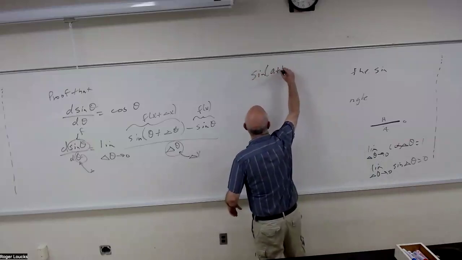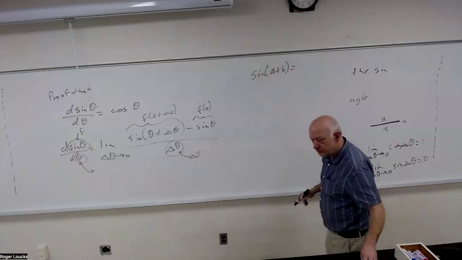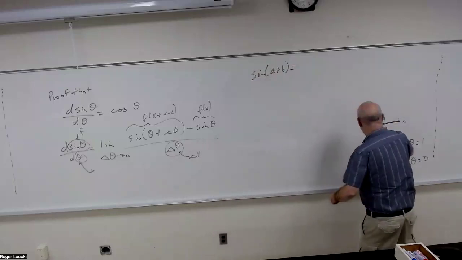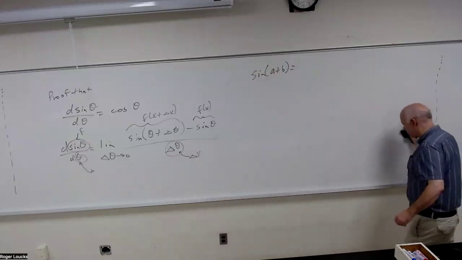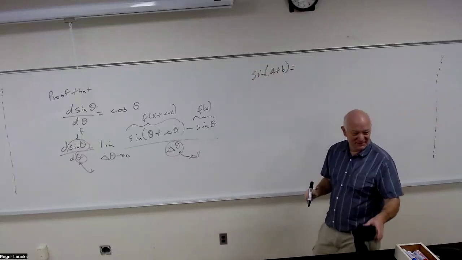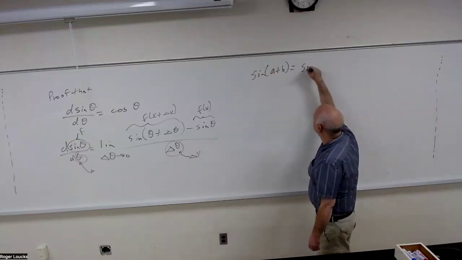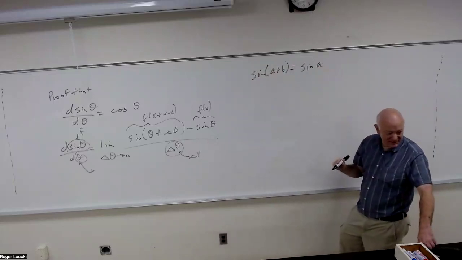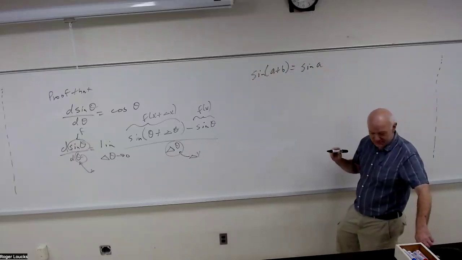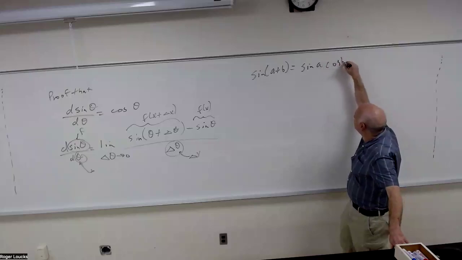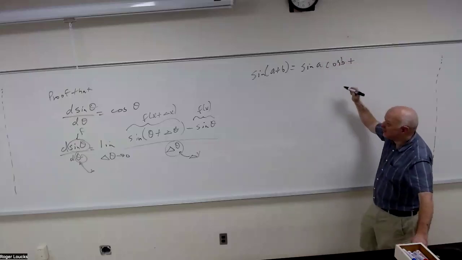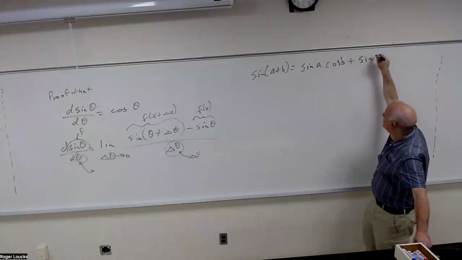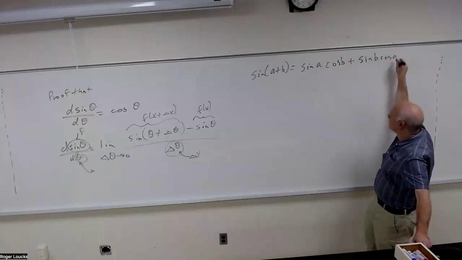So now we have the sine of A plus B. What does that equal? Sine A cosine B plus sine B cosine A. Good.